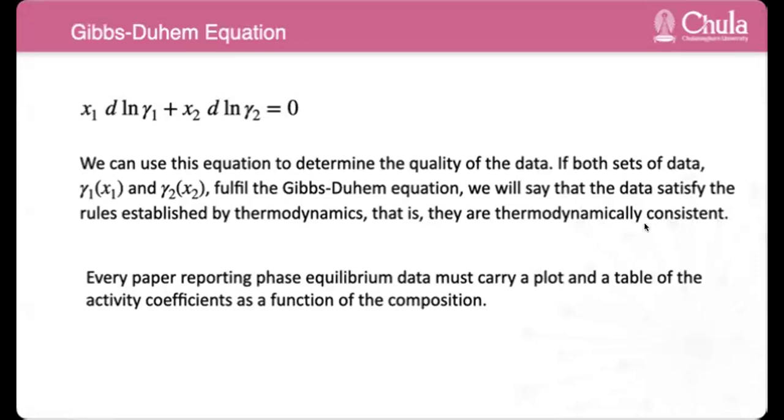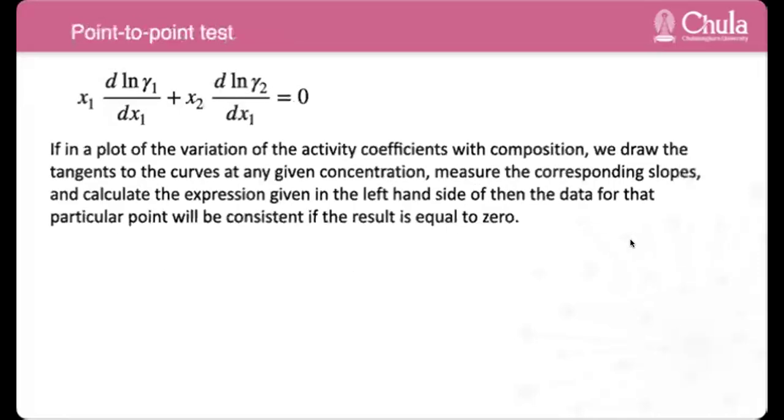If the author fails it, that paper is useless. Even if they report a sophisticated system or a new binary system, it is useless because the experimental data cannot satisfy the Gibbs-Duhem equation.